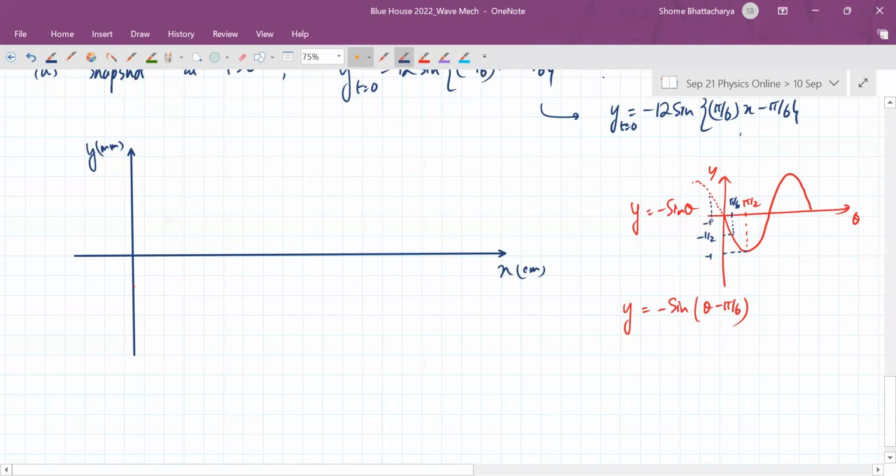The minus pi by 6 point will shift to the origin.